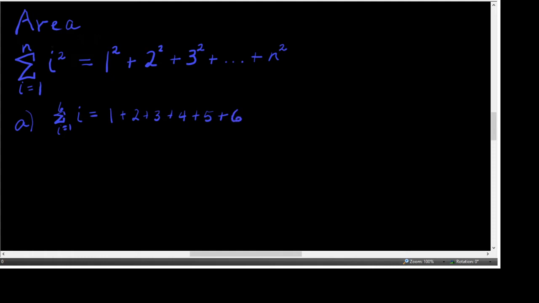Now this can be simplified. What I'm doing here is just showing how the sigma notation expands. We could do the arithmetic, of course, and simplify this to be, let's see, 6, 10, 21. That took me a long time, didn't it? Sorry about that. Okay, the next example.